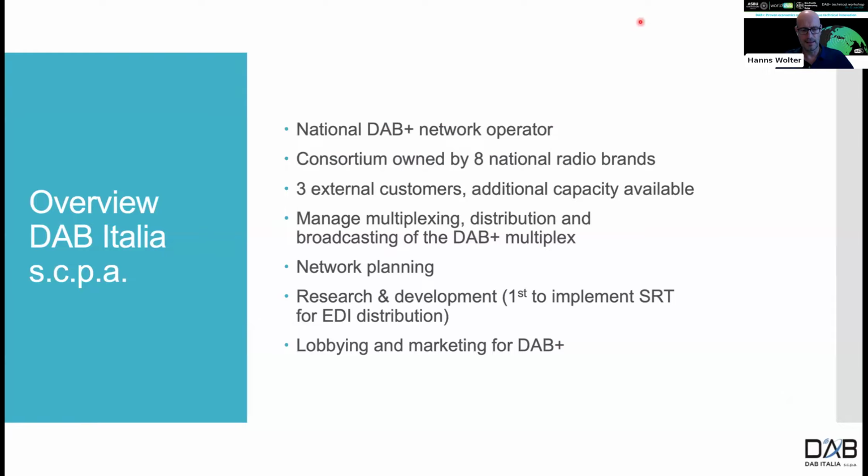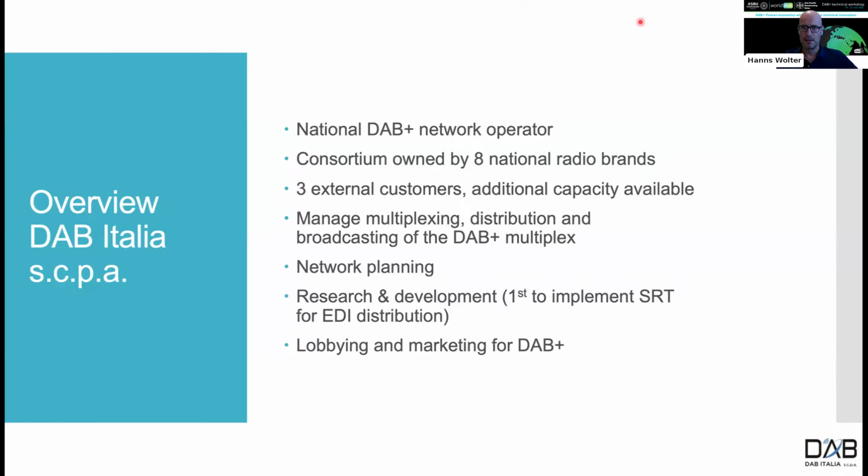So basically in Italy, DAB is funded by FM operators. We also have additional capacity, and therefore we also have external customers. We still have capacity available, so if you're interested in broadcasting in Italy, give me a call.